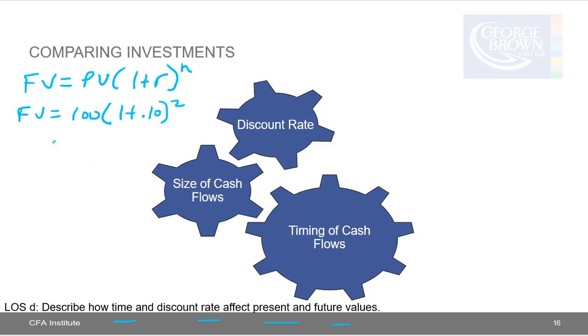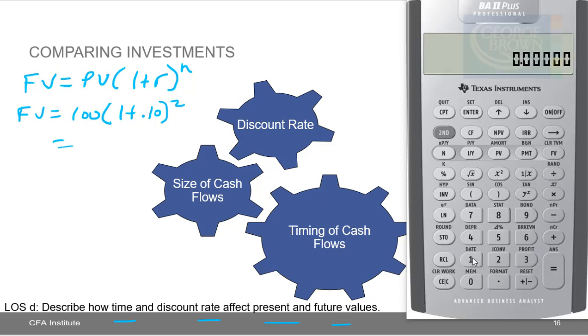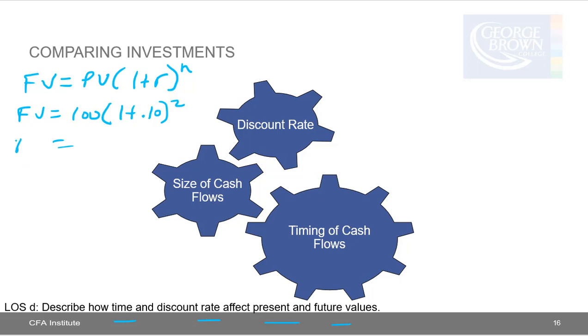Let's bring up the calculator. We do 1 plus 0.1, y to the x, to the power of 2, times my £100, and we can see that the future value equaled £121, okay?